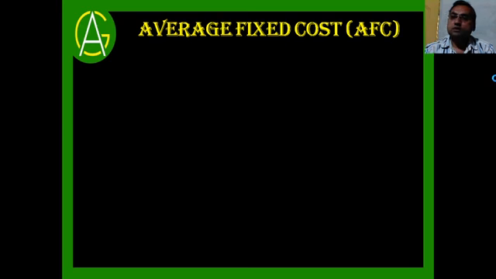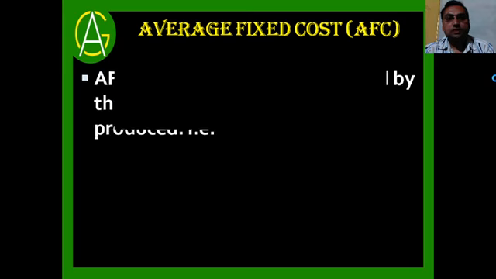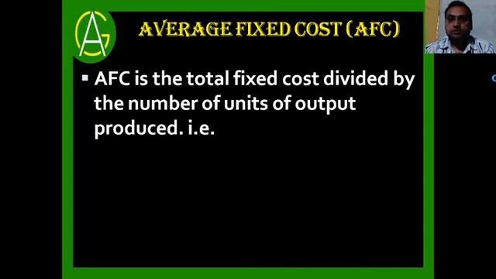Now this is very much simple for you to understand, average fixed cost. In order to find the average of anything, we need to divide the total by the output. So average fixed cost is the total fixed cost divided by the number of units of output produced.